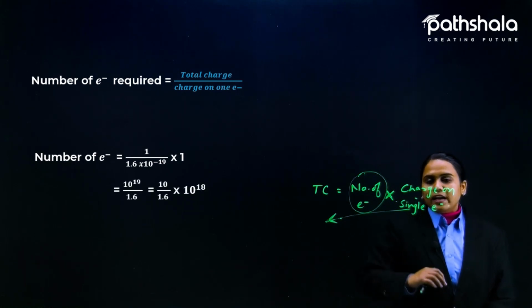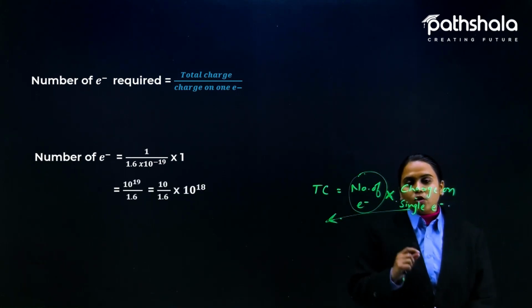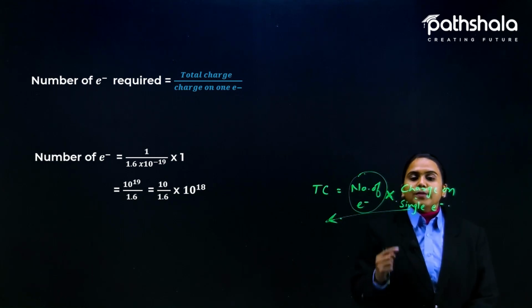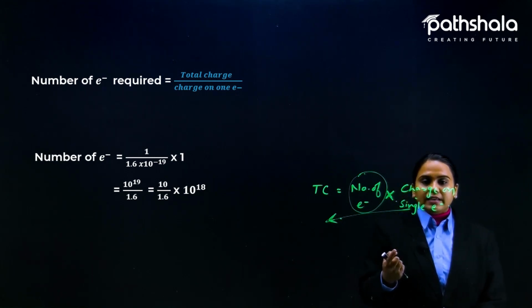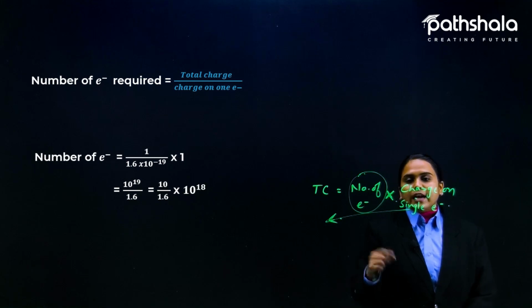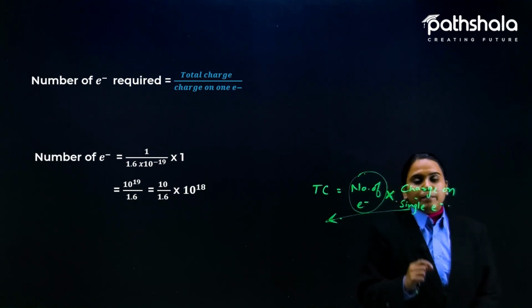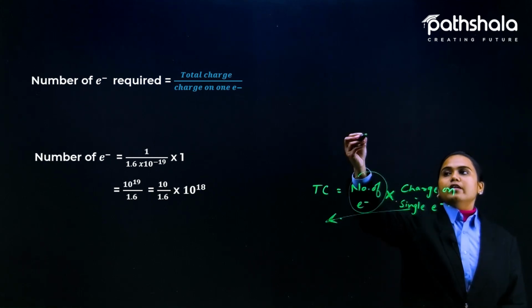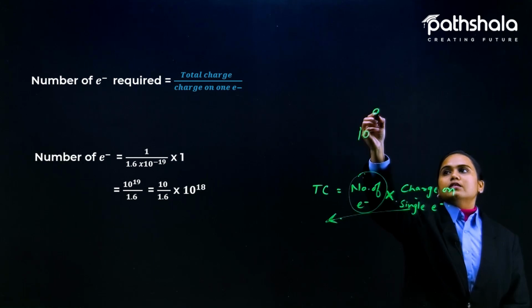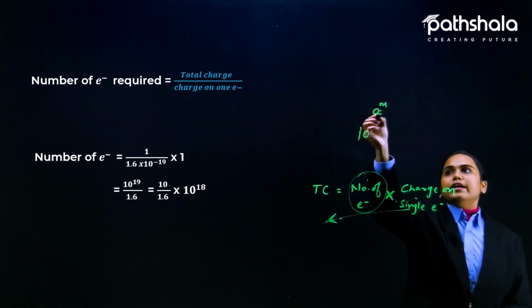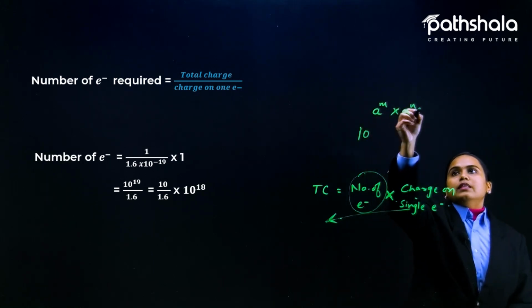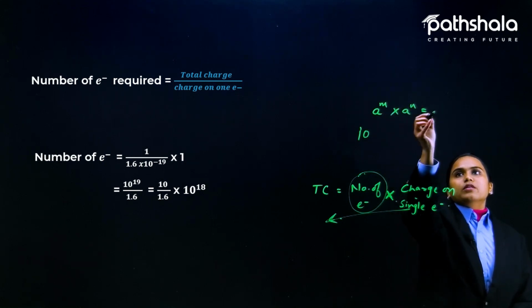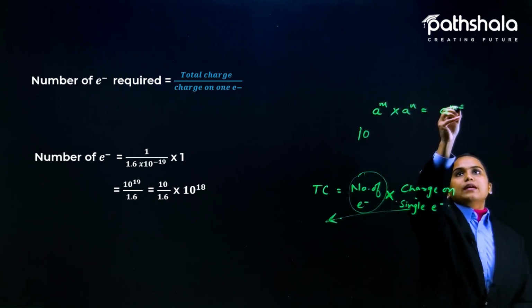So let's do some mathematics here. If we bring that 10 to the power minus 19 to the upside, it will become positive 10 to the power 19, and we can replace it with 10 multiplied by 10 to the power 18, because you have learned in mathematics that if you have the same base and different powers, you can add the powers, like a to the power m plus n.